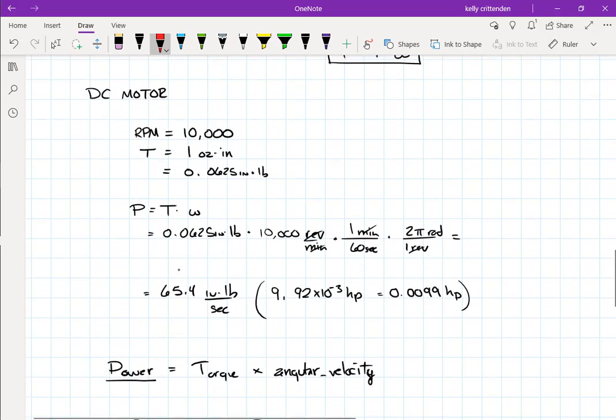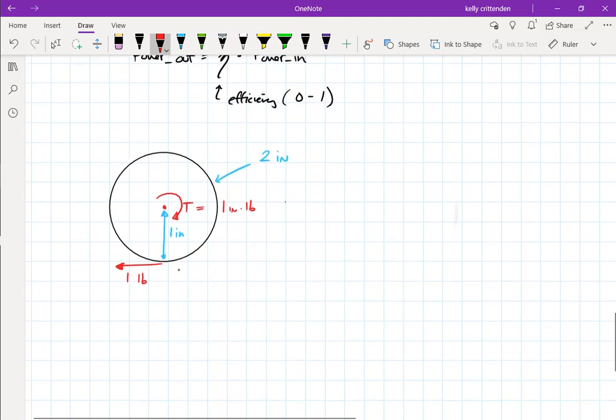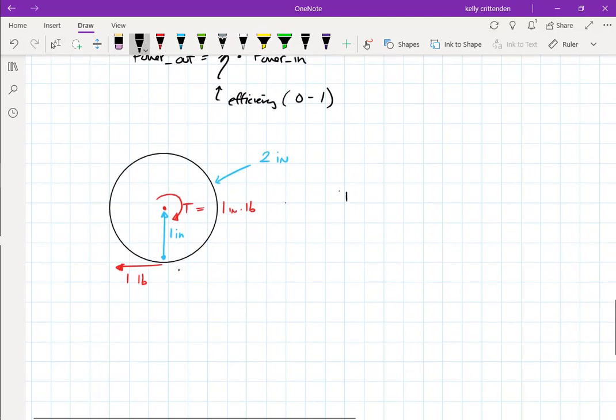So I need to have 1 inch-pound. It says that this motor generates 0.0625 inch-pounds. So I need to multiply the torque that the motor generates by some number to get it up to 1 inch-pound. If I want torque to equal 1 inch-pound, but my motor has torque equal to 0.0625 inch-pounds, then I need to multiply the 0.0625 by some number.